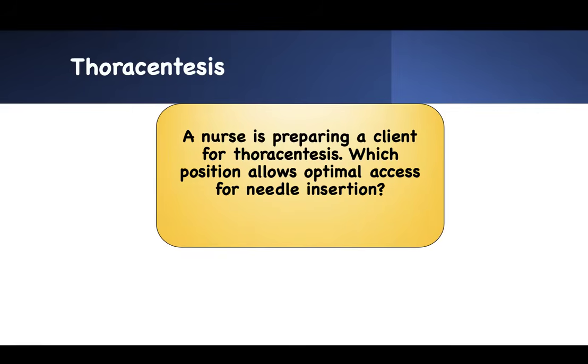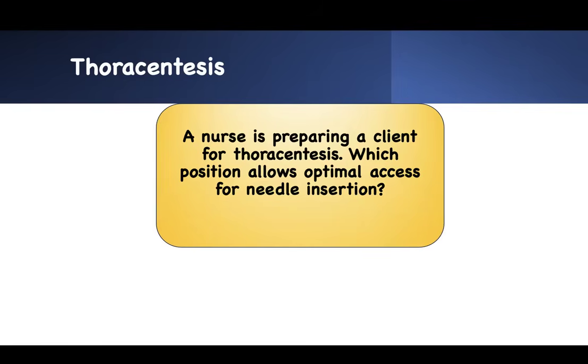A nurse is preparing a client for thoracentesis. Which position allows optimal access for needle insertion? That means what is the best way to position the patient so that we can get access to the fluid? It's the same thing as paracentesis. Dependent position is best. So this patient is going to sit up and lean forward during the procedure.